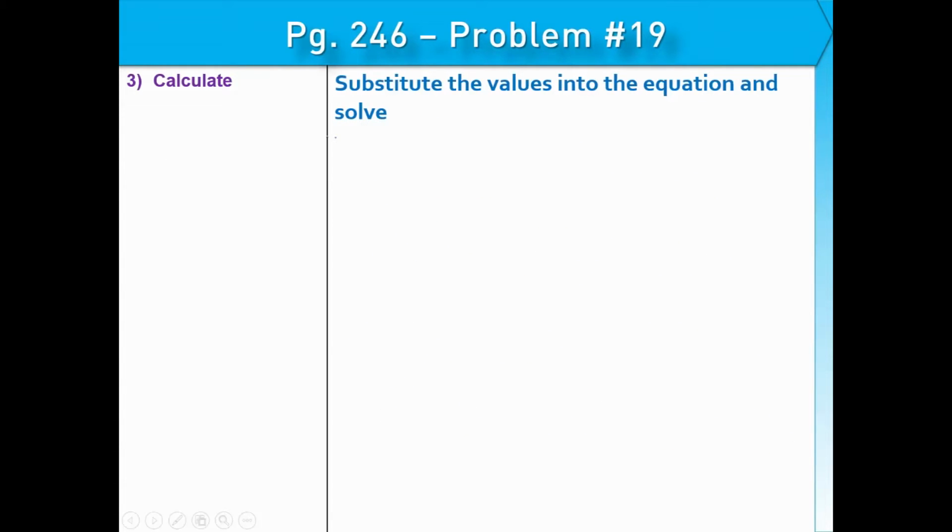Now I'll substitute the values into the equation and solve. I have velocity of object 1 initial equal to mass 1 plus mass 2 times final velocity, minus mass 2 velocity 2 initial, all over mass 1.